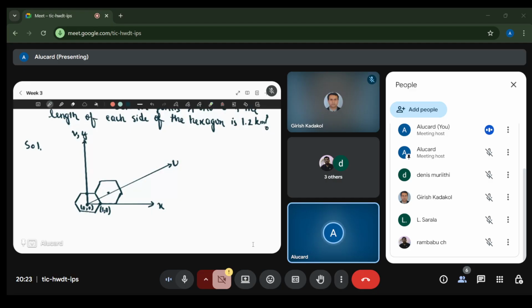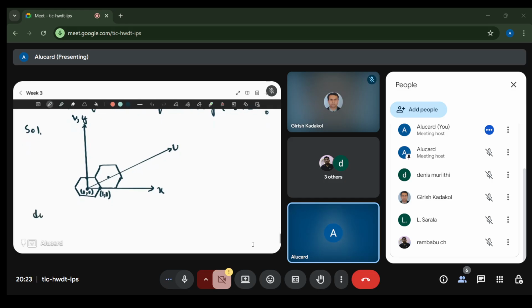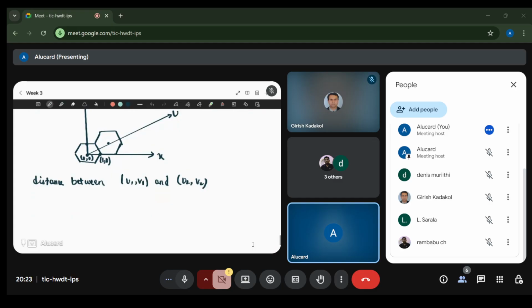Okay, now in this type of setting, with these axes U and V, you have the distance between u1 comma v1 and u2 comma v2, given by d12, which is square root of (u2 minus u1) whole squared plus (v2 minus v1) whole squared.